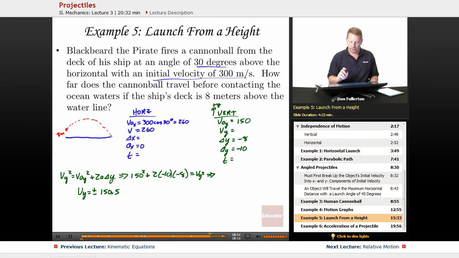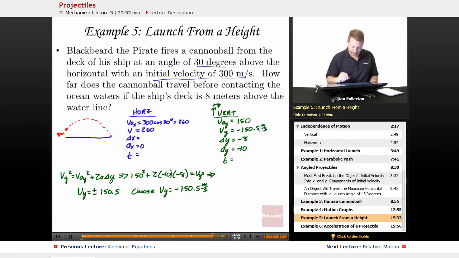And of course, if we know it's going up at positive 150, coming down, that must be negative 150. So we're going to choose, using common sense, Vy equals negative 150.5 meters per second.